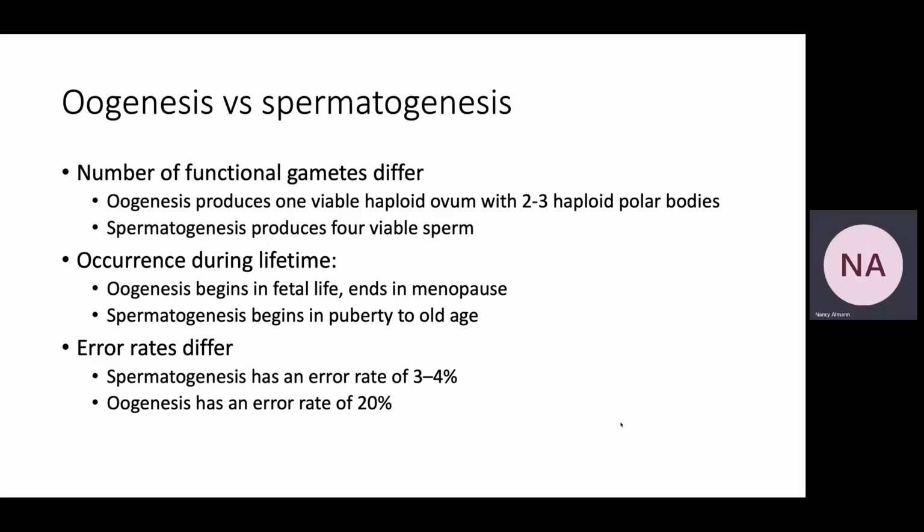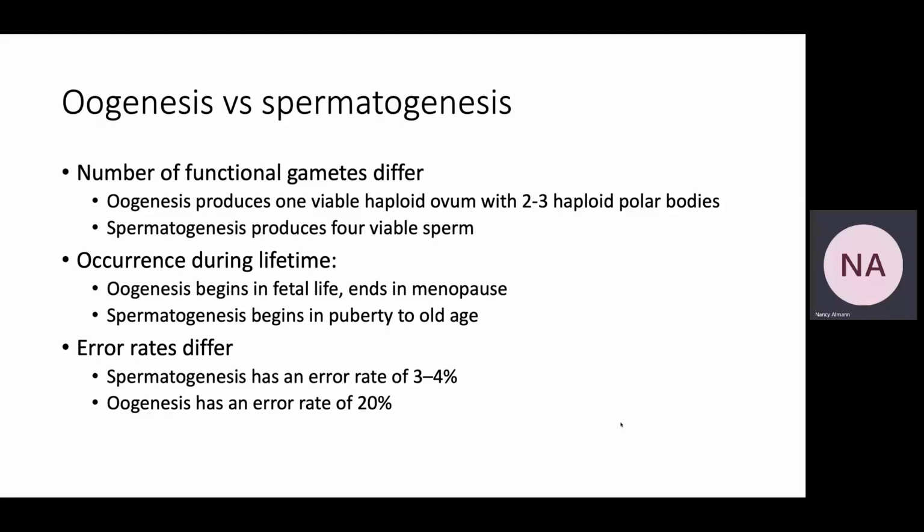So let's compare oogenesis versus spermatogenesis. During a lifetime, oogenesis begins in the fetus and ends at menopause. For males, spermatogenesis begins at puberty and continues on to death.